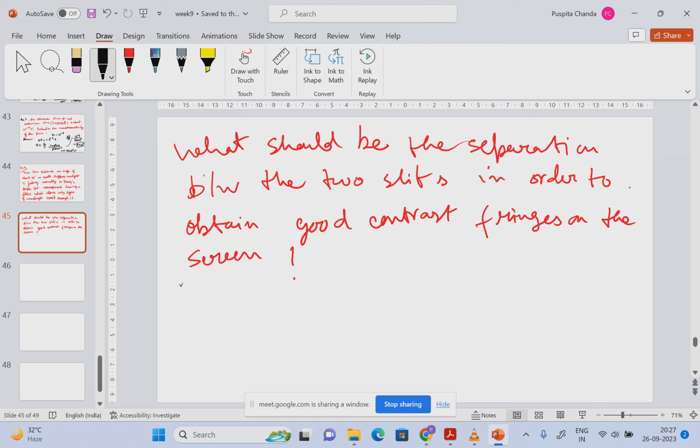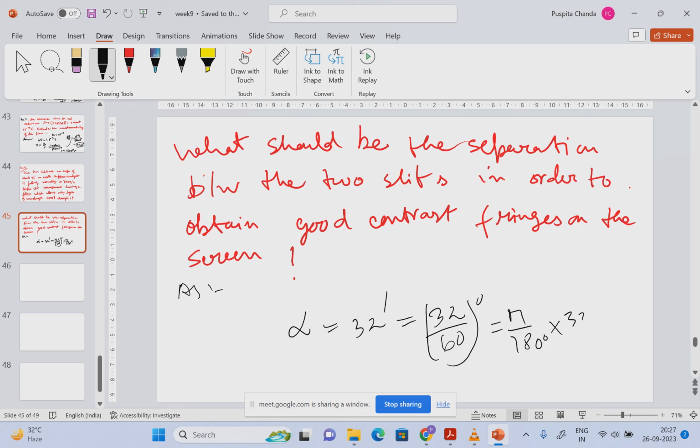So alpha is 32 minutes, so that will be 32 by 60 degree, times pi by 180.